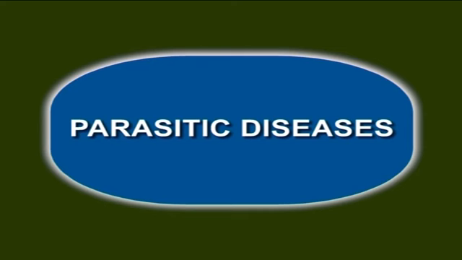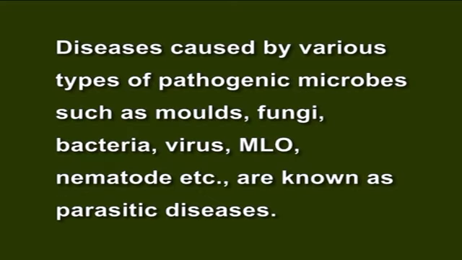Then parasitic diseases. Diseases caused by various types of pathogenic microbes such as molds, fungi, bacteria, virus, MLO, nematode, etc. are known as parasitic diseases. These diseases can be recognized by the presence of specific symptoms and signs on the host plants. Based on the infection, the symptoms can be classified into two ways, that is primary and secondary.